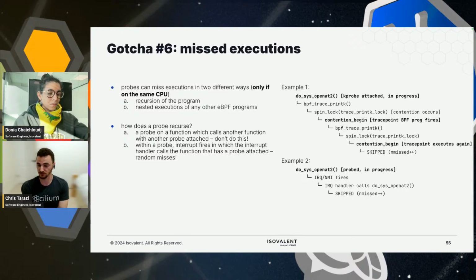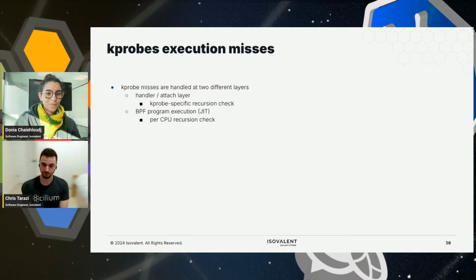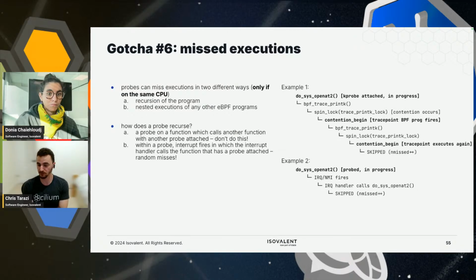It happens quite frequently on any normal machine. Both of these examples were generated on my own local machine without doing anything special. Now you can imagine how the performance of different hook points that we talked about earlier can have an impact here in terms of misses. So let's look at how specifically kprobes can miss executions next.